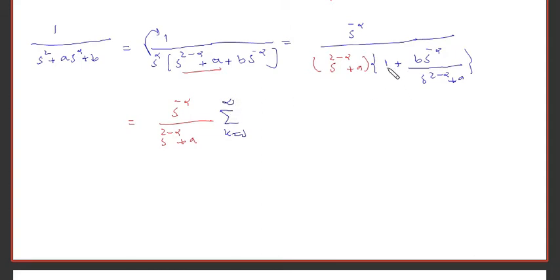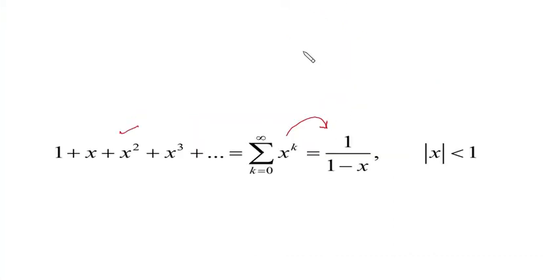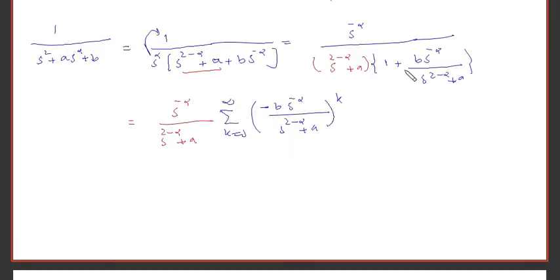It should be 1 minus x, so my x is minus b s to the power minus alpha over s to the power 2 minus alpha plus a, and this whole thing to the power k. You can again take a look: 1 over 1 minus x is just the sum of x to the power k, and here my x is negative times this thing, and again in summation form this becomes to the power k.